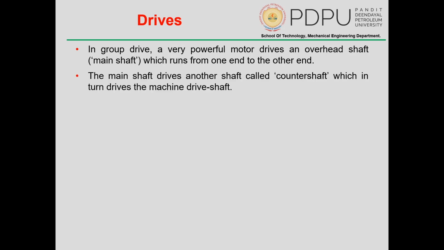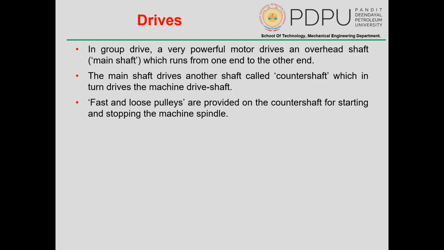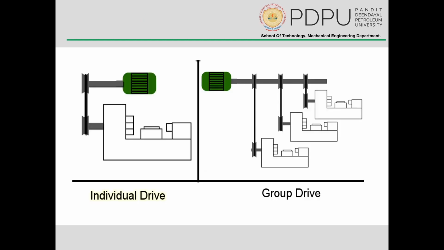In this case, the main shaft is connected to several devices with the help of counter shafts. Sometimes we can use fast and loose pulleys also for starting and stopping of the machine spindles.